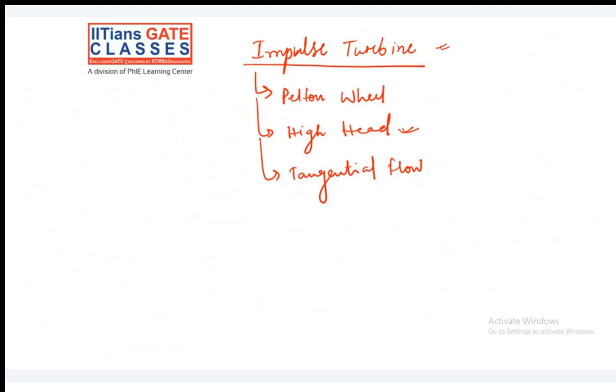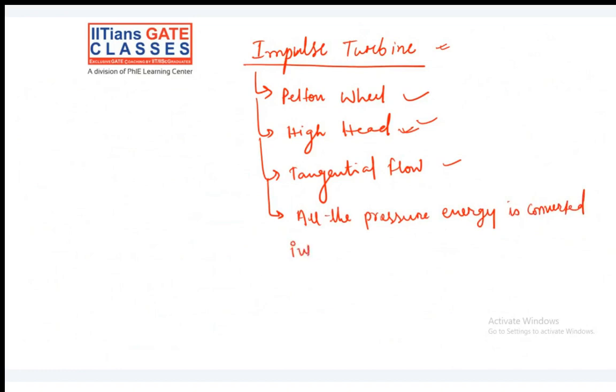Yeah, so these three are important: impulse turbine, Pelton wheel, high head, tangential flow. And what is very important is that all the pressure energy is converted into kinetic energy at the nozzle.